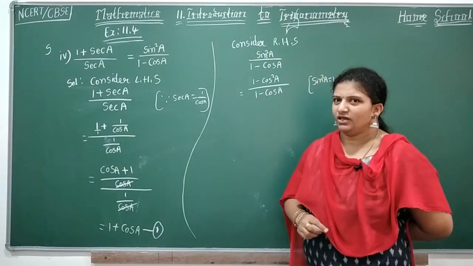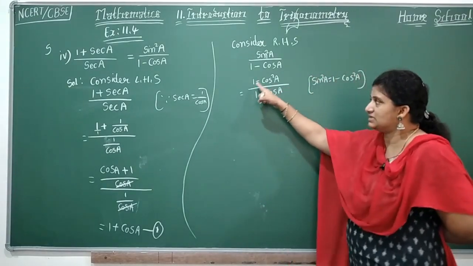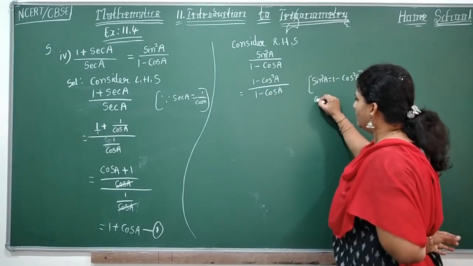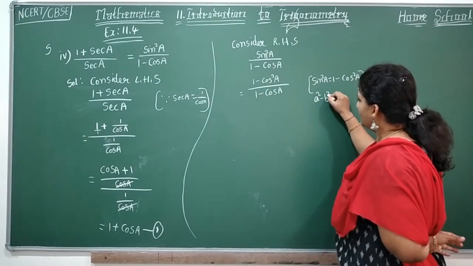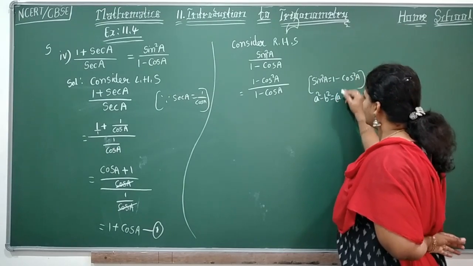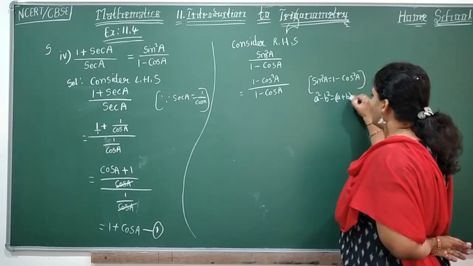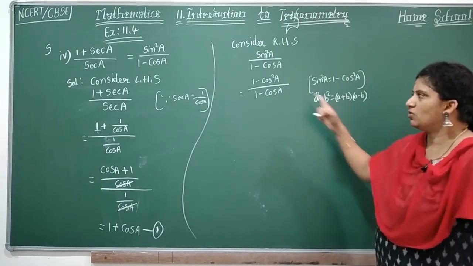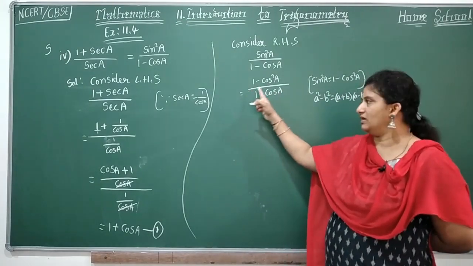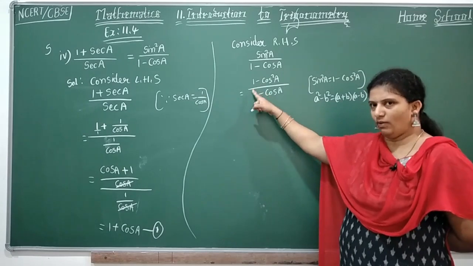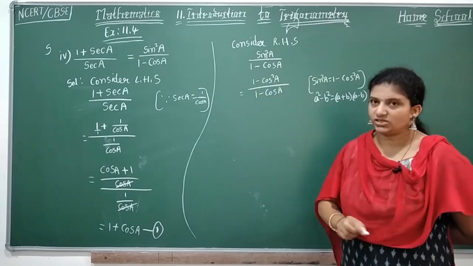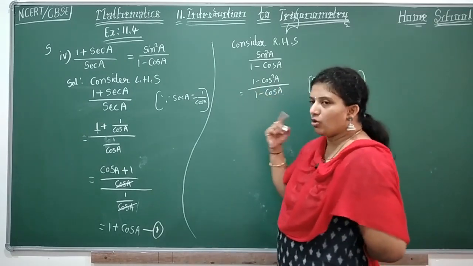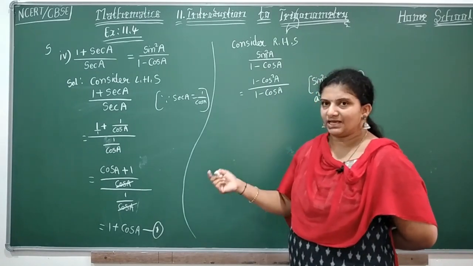Now I can see this is in the form a square minus b square. I can rewrite it as (a plus b) into (a minus b). What's your a here? 1, since 1 square is 1. The b value is cos A. Cos A whole square or cos square A is the same.